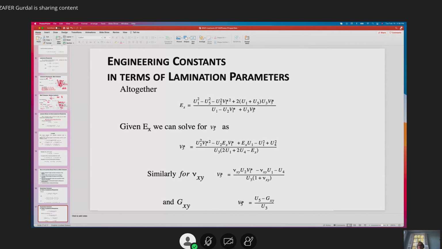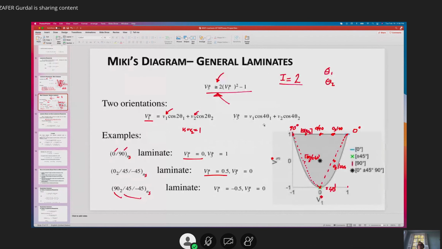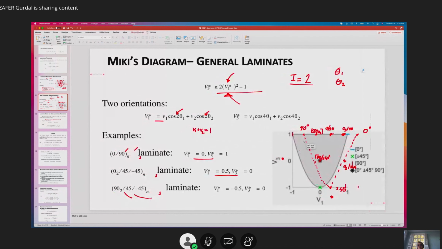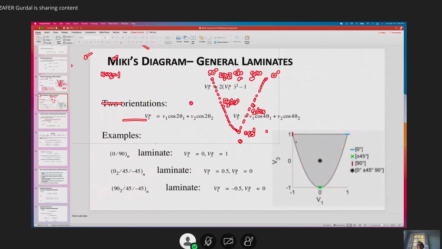GXY is linear in V3, so those are basically horizontal lines in the diagram. The shear modulus values will be based on only horizontal lines going like this. And then Poisson's ratio will be straight lines in this diagram. And EX and GX will somewhat follow these boundaries, but they can be plotted.